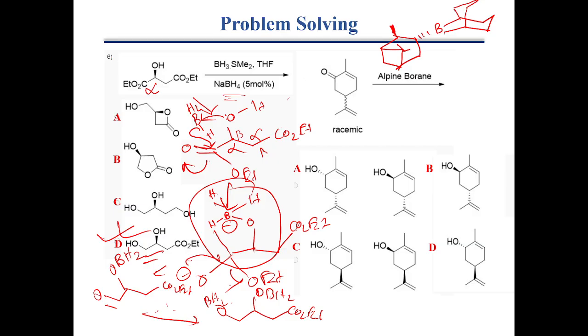The reduction depends on the geometry of this borane. So it is in alpha form. So this borane is in the alpha position. So the compound, this is racemic, so it has two forms.